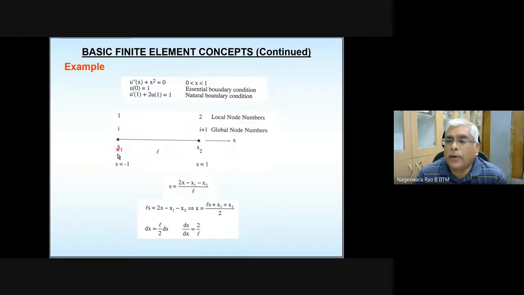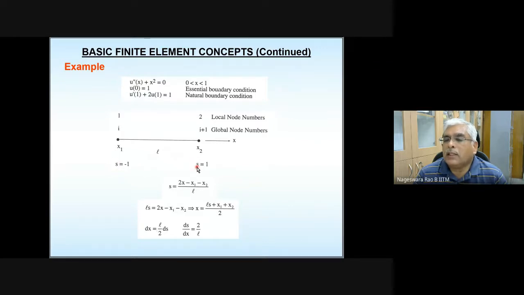So node 1 global coordinate is x1, node 2 global coordinate is x2. Node 1 local coordinate is -1, node 2 local coordinate is 1. The global coordinate system is denoted with x. The local coordinate system is denoted with s.